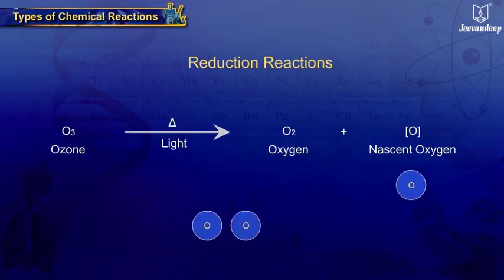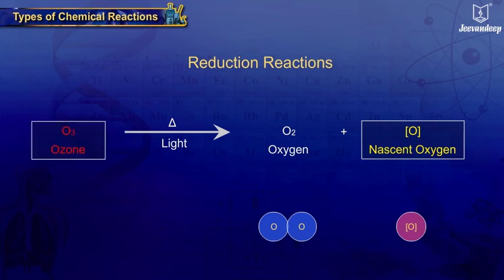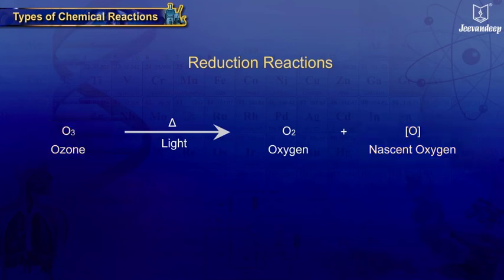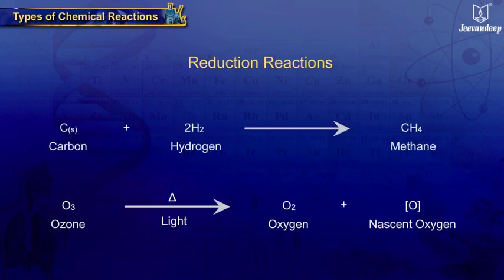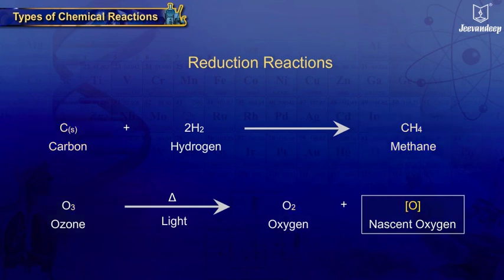In this case, an atom of oxygen in the form of nascent oxygen is removed from the molecule of ozone. Both these reactions are examples of reduction reactions, as in first case hydrogen is added and in second case oxygen is removed.